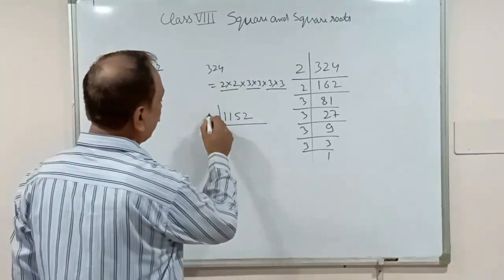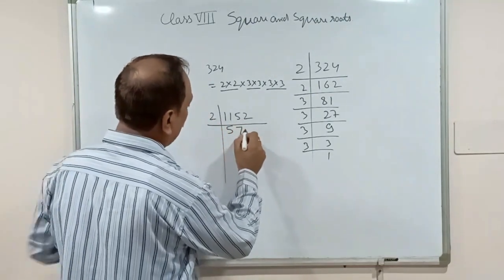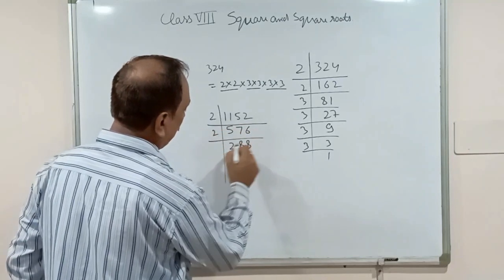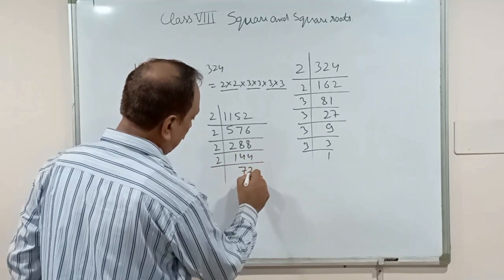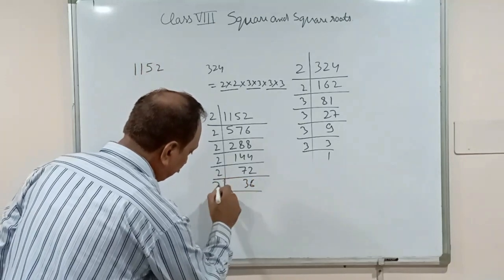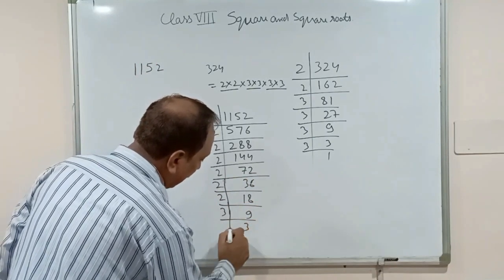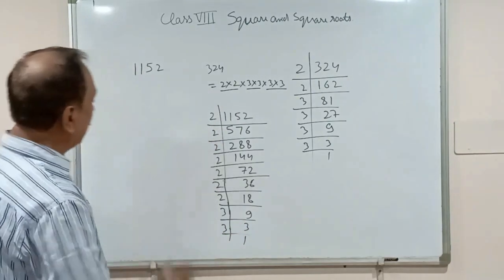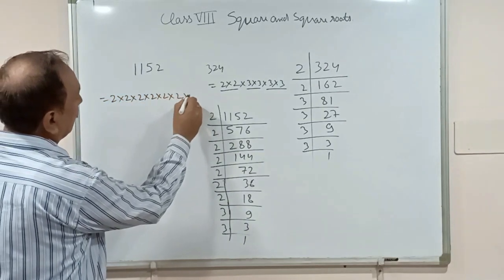Divide by 2. 2 5 are 10, 2 7 are 14, 2 6 are 12, eighteen, 2 9 are 18, 3, 3 and 3, 1. Count it. 1, 2, 3, 4, 5, 6, 7.